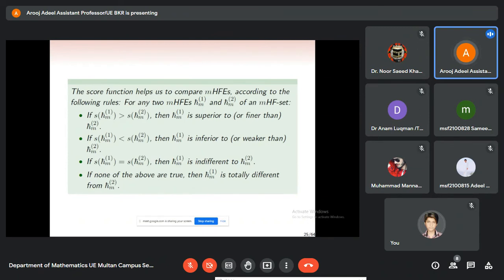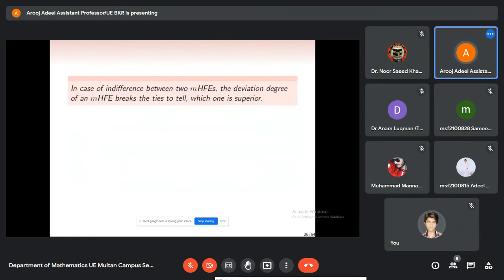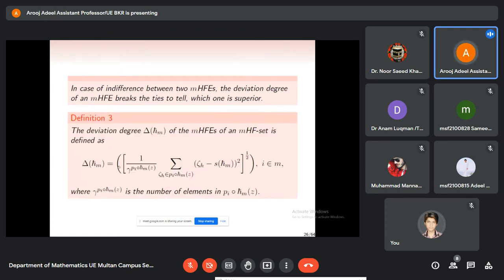When the score function fails to evaluate, we use the deviation degree, which is basically used to tell which one is superior, that is, which membership value for which set is superior. Here is the definition of the deviation degree, where we first calculate the score. When we calculate the score, we subtract it from the previous membership value and we take its square.